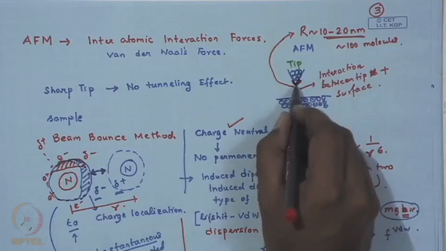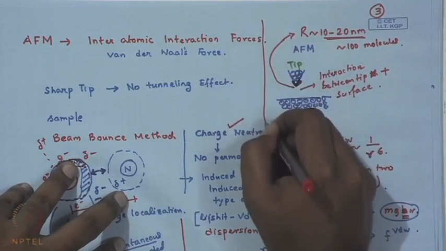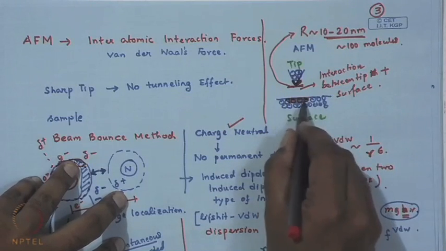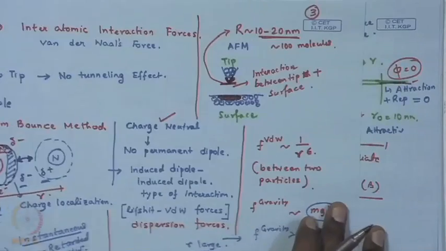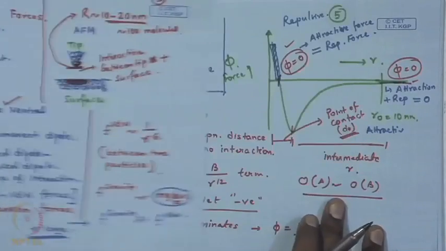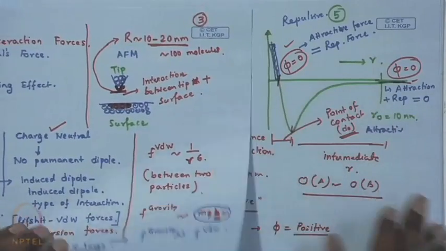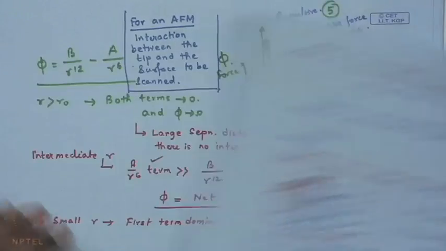Essentially you are talking about the interaction between two surfaces, the surface of the AFM tip and the surface of the sample you want to scan. The interaction between these two at close contact proximity is governed by this potential curve. That is why this curve is very important for the atomic force microscope.